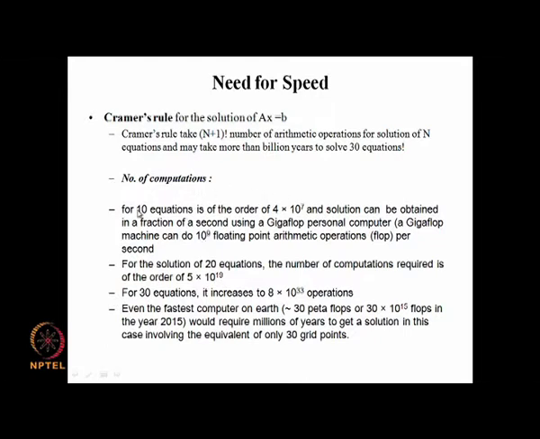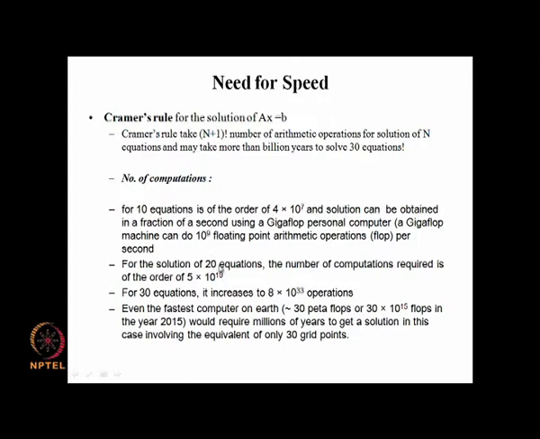And here for 10 equations, this method will take about 4 times 10 to the power 7 operations. So that means that you can get to the solution in less than a second, because you have a machine which can do 10 to the power 9 operations per second, and you need only 10 to the power 7 operations. So you can get that in 0.04 of a second. So it looks pretty simple.